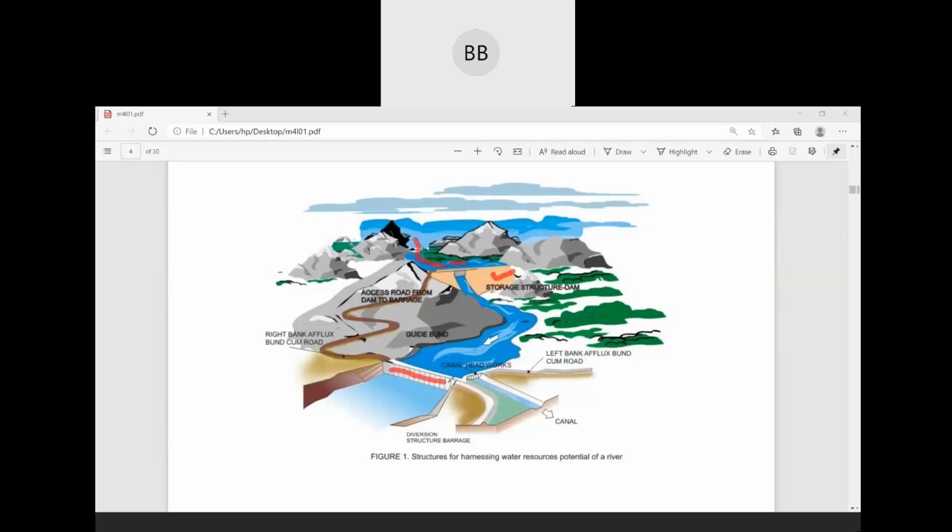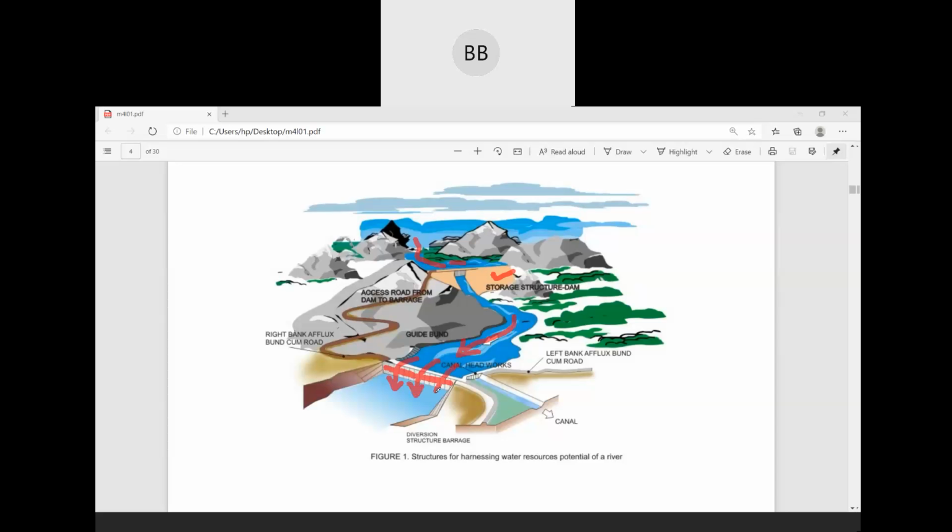And again if you see here, this part is your barrage. Here we are not going to store water. Whatever water is coming through this river, we just obstruct the flow. Once this obstruction is constructed, the level of water will increase, and a point comes when this water will overflow over this barrage.